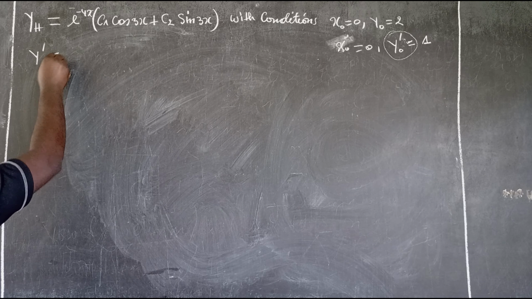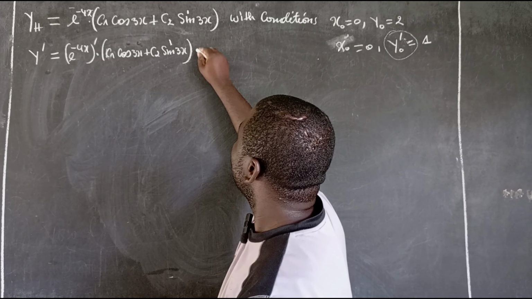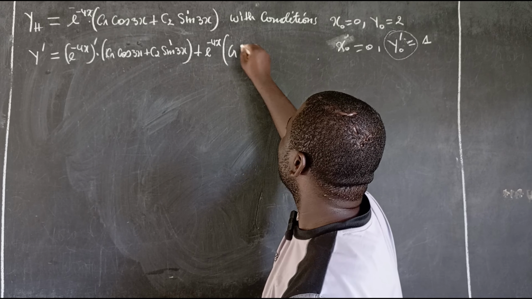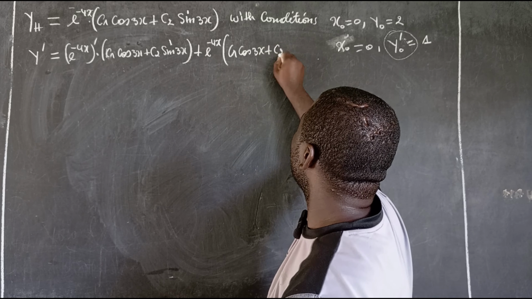We differentiate this times this, plus the derivative of this times this one: the derivative of e power negative 4x times (C1 cosine of 3x plus C2 sine 3x), plus e power negative 4x times the derivative of (C1 cosine of 3x plus C2 sine of 3x).